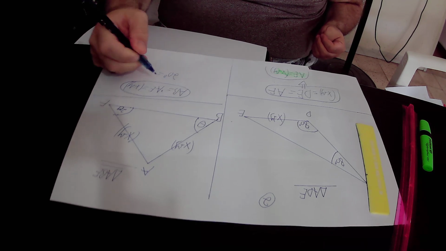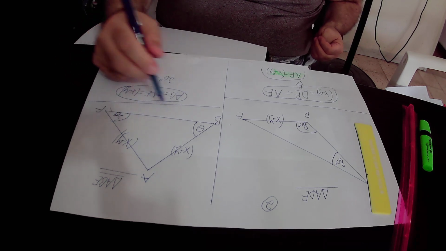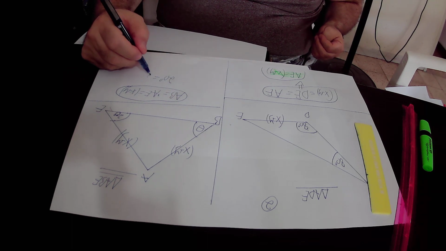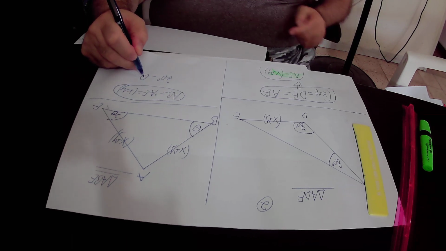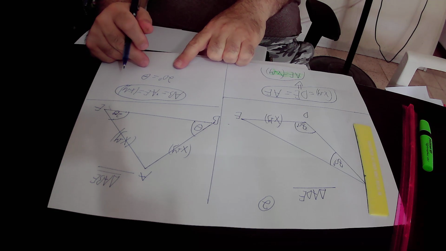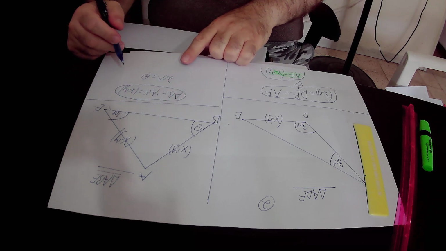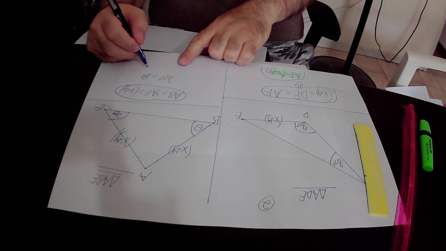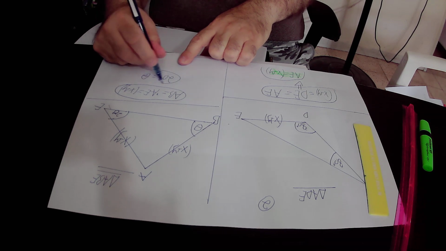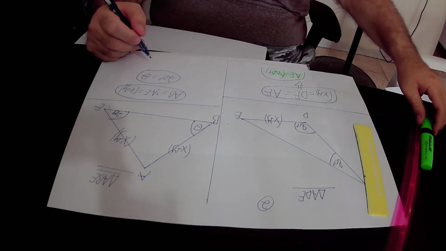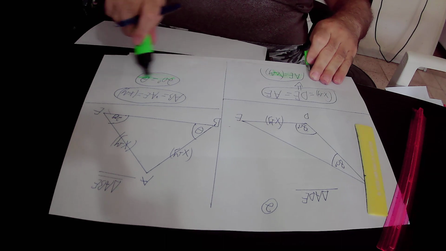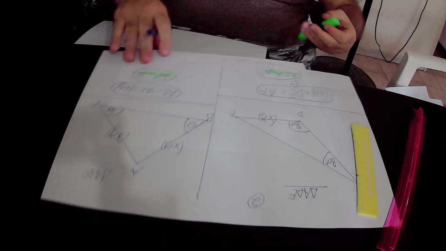In front of side AE, we have this angle that is equal to theta. Those two angles must be equal because they are located in front of equal sides. That is to say, we found out that angle theta equals 20 degrees. Okay, this angle theta equals 20 degrees.